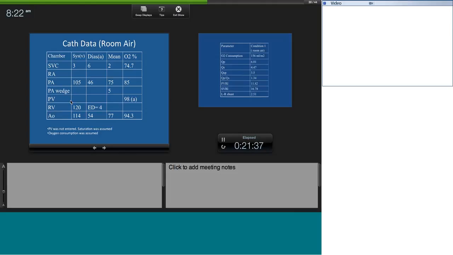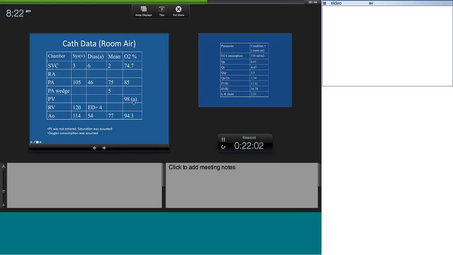Does anyone want to comment on QP:QS? Notice the striking things. There is a minimal aortic desaturation, but if you use this aortic saturation and this SVC saturation, you have an AVO2 difference of 20. And then if you take this pulmonary venous saturation and this pulmonary arterial saturation, what do you get as AVO2 difference?